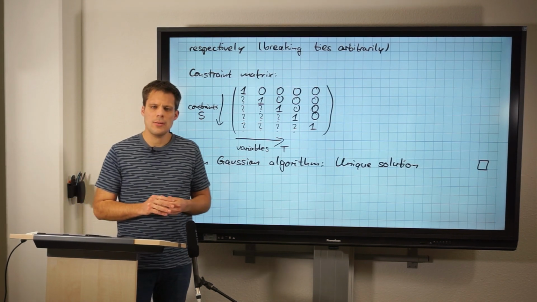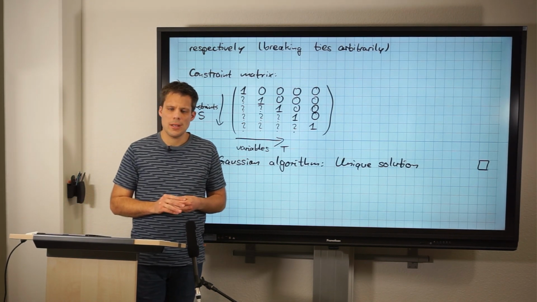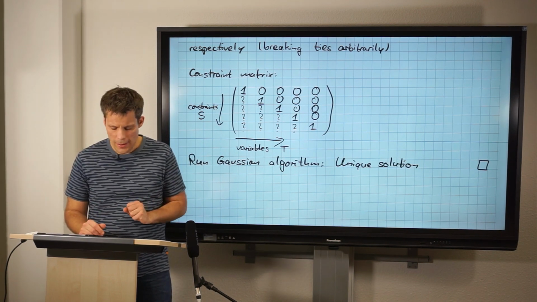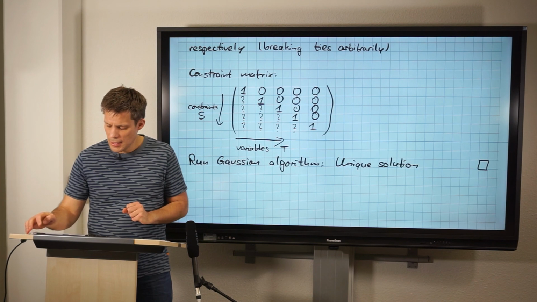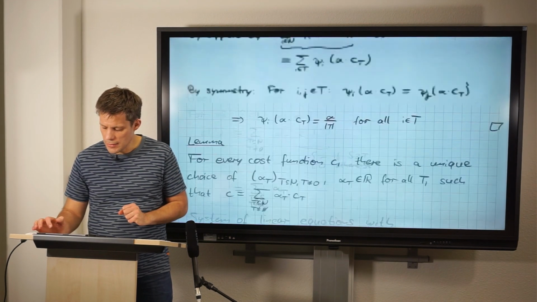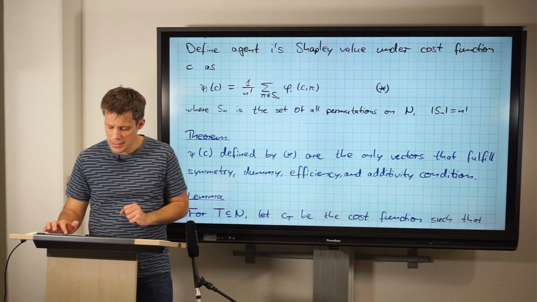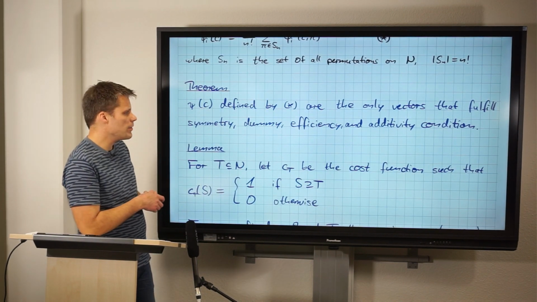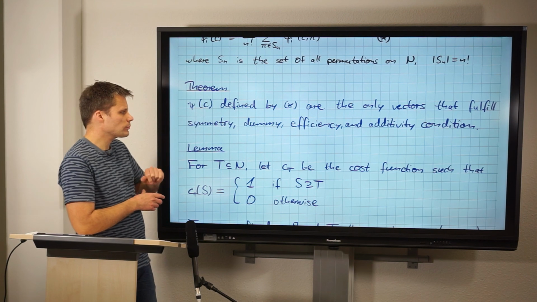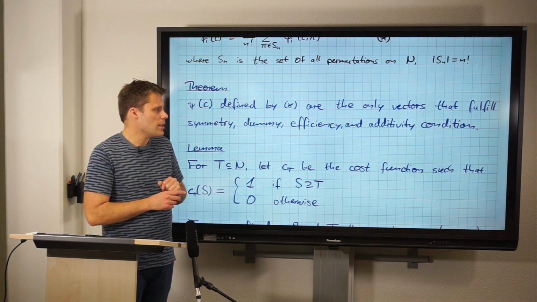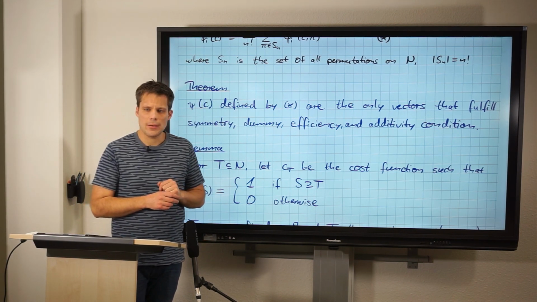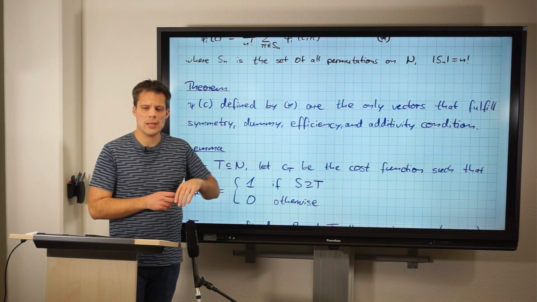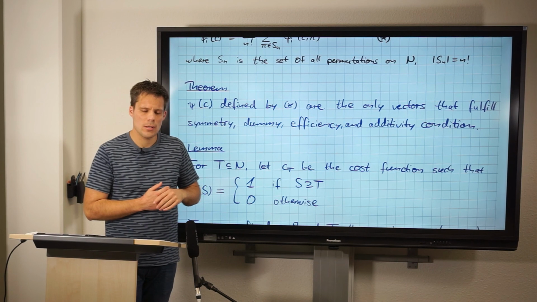And now we come to the point that we combine these lemmas to show that the way of splitting the costs is actually unique. Once again, this was our theorem. Our theorem said that there's only one way of splitting the costs that fulfills symmetry, dummy efficiency, and the additivity condition.